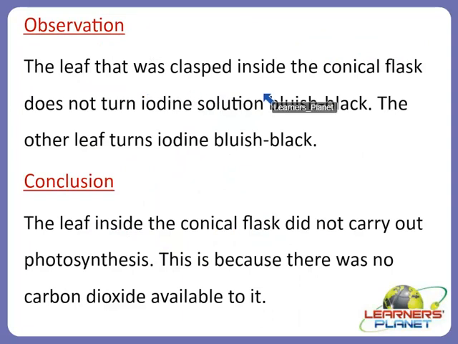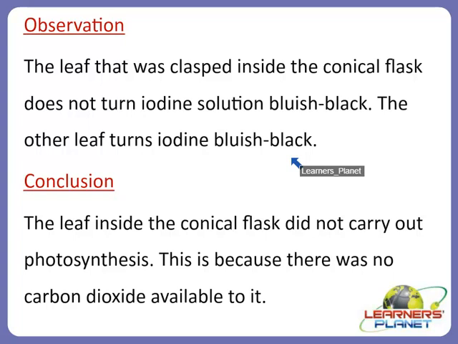So now let us see what can be observed. The observation will be that the leaf that was enclosed inside the conical flask does not turn iodine solution bluish black, and the other leaf turns iodine bluish black.